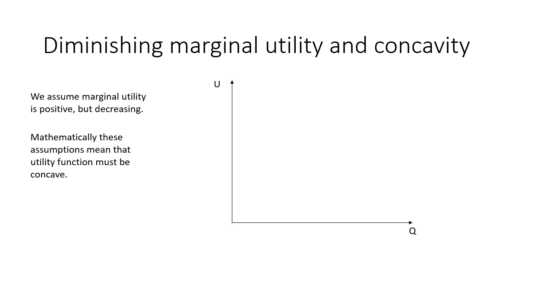If I have concave utilities, then if I depict the total utility as a function of the quantity consumed, I will find that if I take any 2 points along this utility function and I connect them with a line, then all points of this line in between the 2 points are going to be below the function itself.